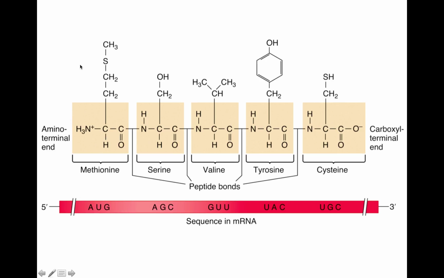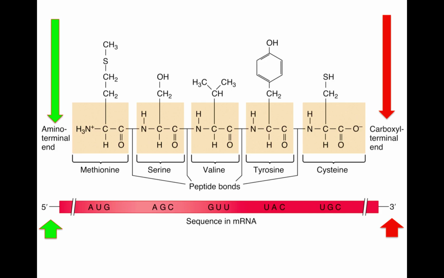They did this just so that you can understand that 3 nucleotides equals 1 amino acid. So this slide illustrates the fact that the polypeptide has an amino terminal end and a carboxy terminal end, and that the amino terminal end always corresponds to the 5' end of the messenger RNA, and the carboxy terminal end always corresponds to the 3' end of the messenger RNA. Here's the amino terminal end and the 5' end, and the carboxy end and the 3' end.